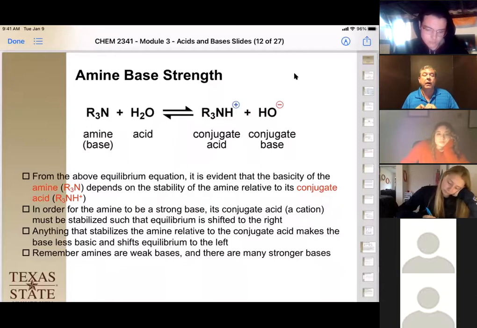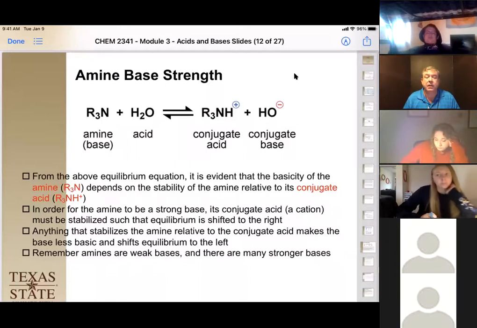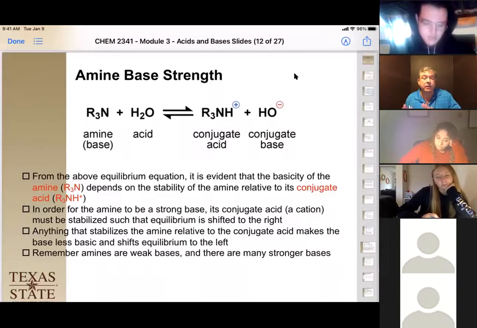And therefore, we need to think about things that are going to either donate electron density or remove electron density. So we need to think about how we can add or subtract electron density from that nitrogen to encourage that conjugate acid to be more stable. But always remember, amines are weak bases, and there are many stronger bases that we can use to do this. Okay.